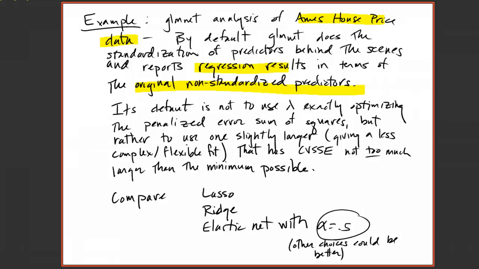That gives a less complex, less flexible fit. So in this second part of this lecture we're going to compare lasso, ridge, and elastic net. For the elastic net, I chose alpha 0.5 for no particular reason. I could have chosen other ones, but that's the one I happened to choose on the Ames house price data.